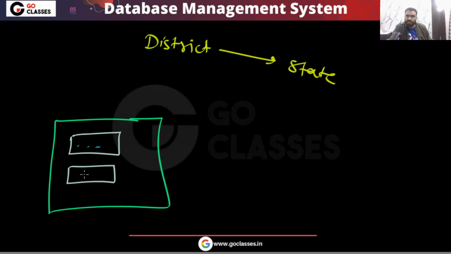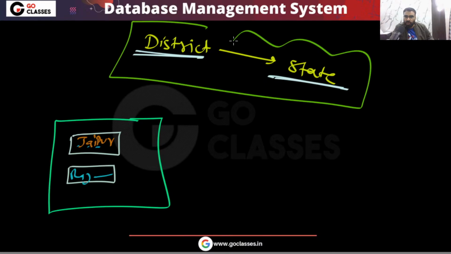You don't have to fill it. As soon as you put Jaipur in the district column, Rajasthan automatically comes, because there is a functional dependency that district determines state. So this functional dependency we want to preserve, we don't want to lose it.